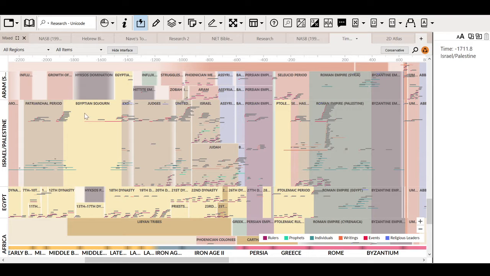So during the Egyptian sojourn, they were actually living in Egypt, and it was around this century, the 12th dynasty, sorry, around let's say 1800 BC. Okay, you can actually look at the timeline on the top right hand corner. You see it's the 12th dynasty of pharaohs which rule at the height of the Middle Kingdom.